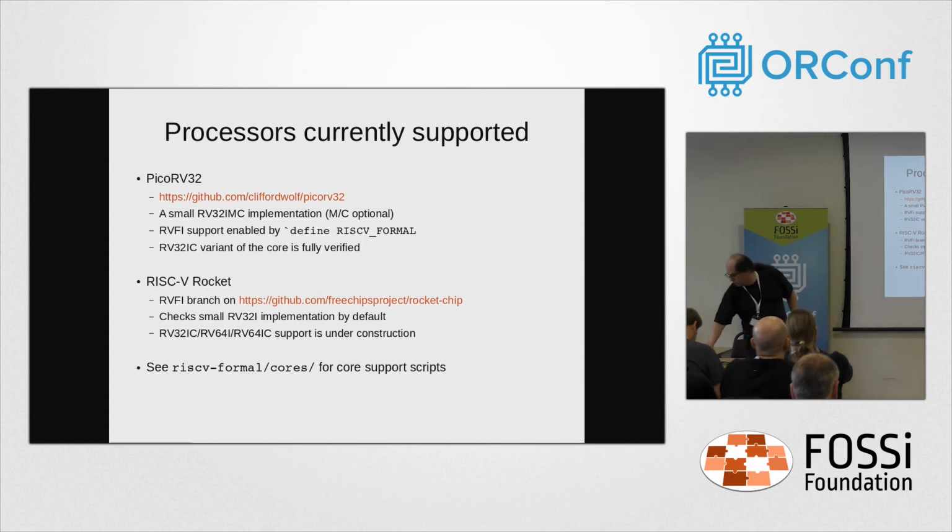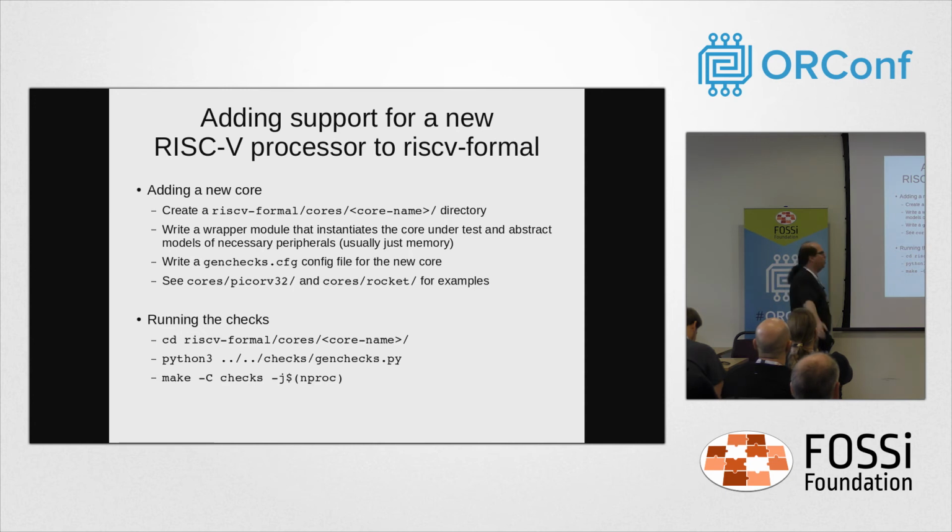So these are the cores. If you want to add support for your own core, just add a new directory under riscv-formal cores. Then write a wrapper module that instantiates your core and all necessary peripherals for your core, or abstractions of those peripherals. Usually that's just some kind of memory mockup.